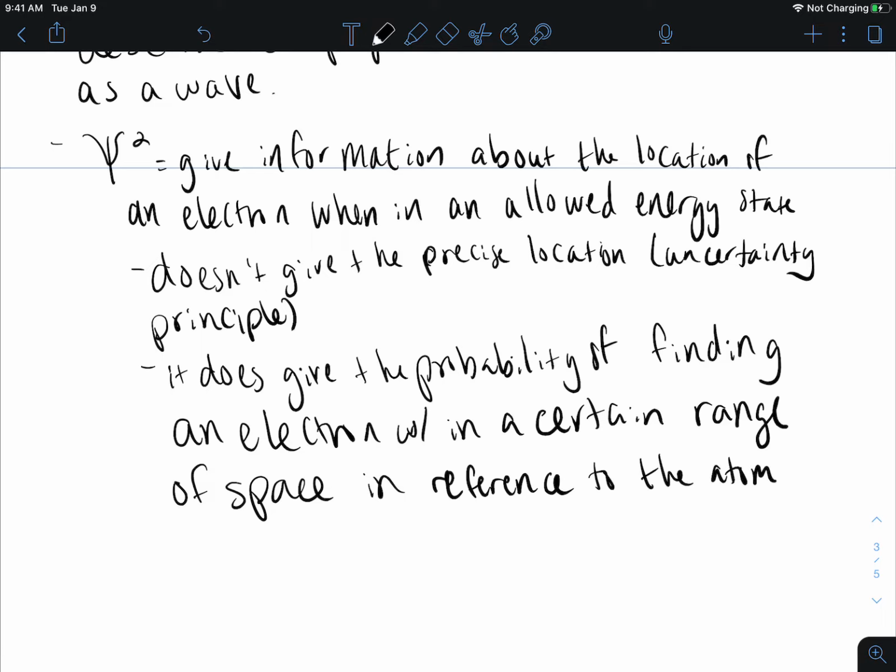So if we're thinking about our atom, we can give a range that the electron can be in, or a probability that the electron will be in a specific place in reference to where the atom itself is. And we call this probability, or psi squared, our probability density.